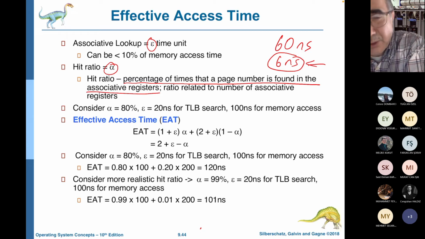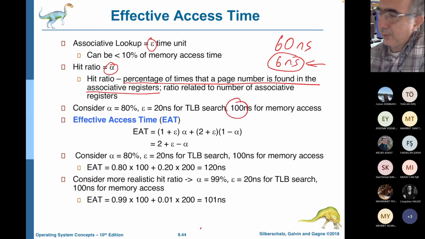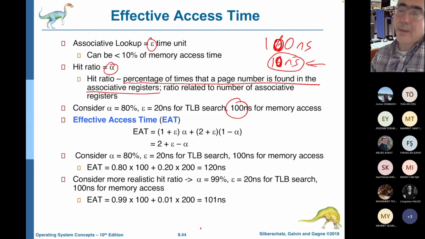If not, you need to look at the page table, which will require multiple memory accesses. Here it is 100 nanoseconds. So in the book, you have 100 nanosecond and 10 nanosecond. Memory access requires 100 nanosecond.